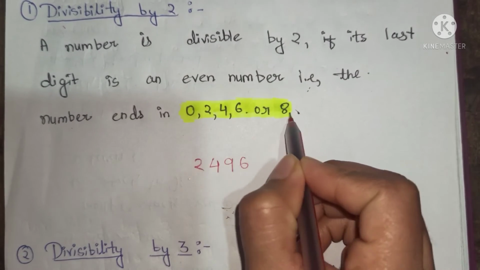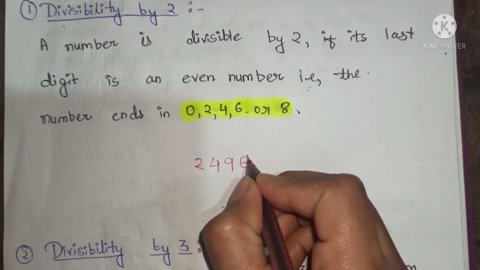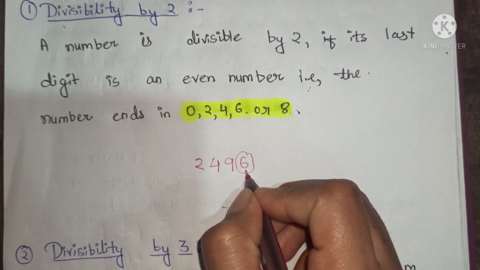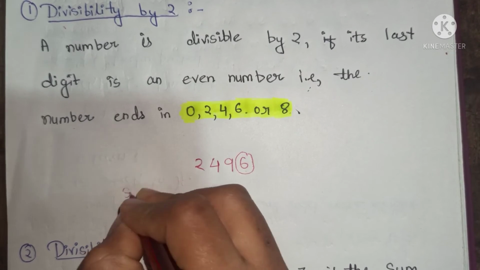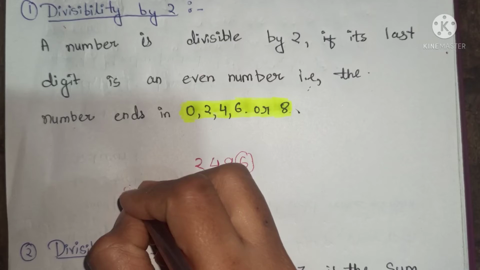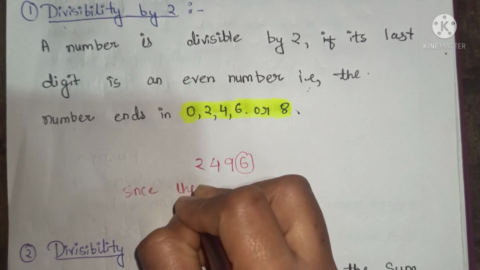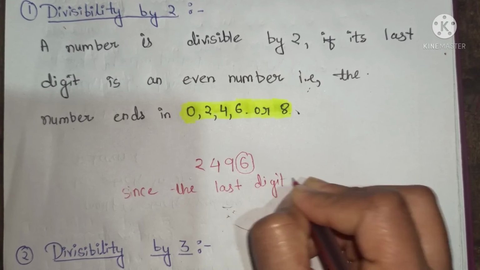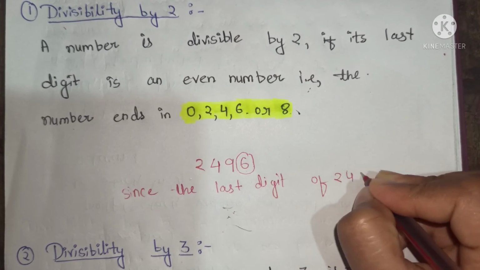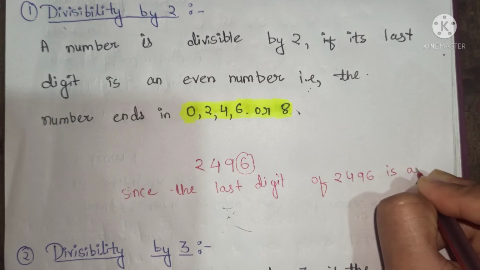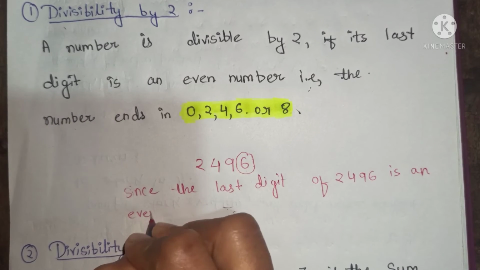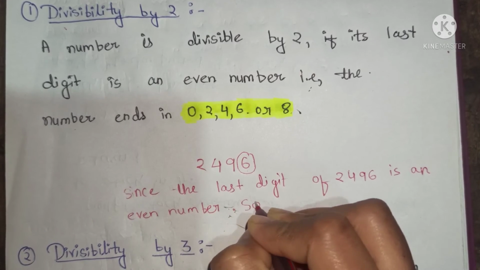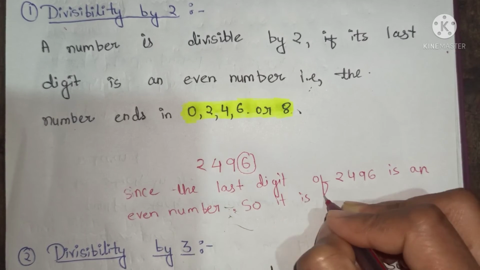If the last digit is an even number. Let us see the last digit, it is 6. So 6 is an even number, isn't it? So we can say, what will we write here? Since the last digit of 2496 is an even number, it is divisible by 2.